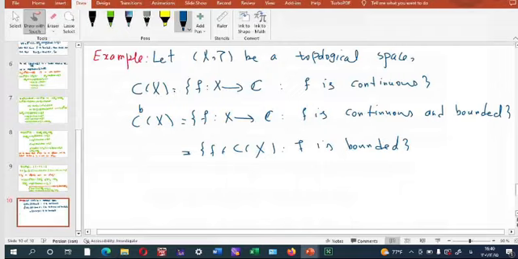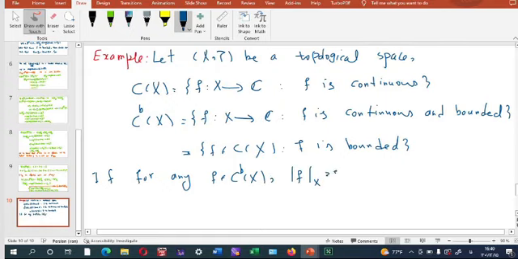For any f in CB of X, we define this norm equal to the supremum of |f(x)| such that x belongs to X.